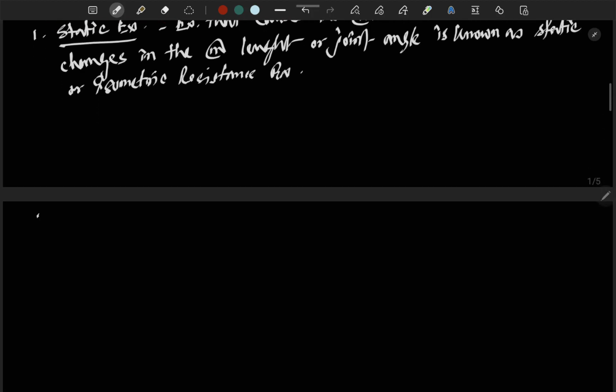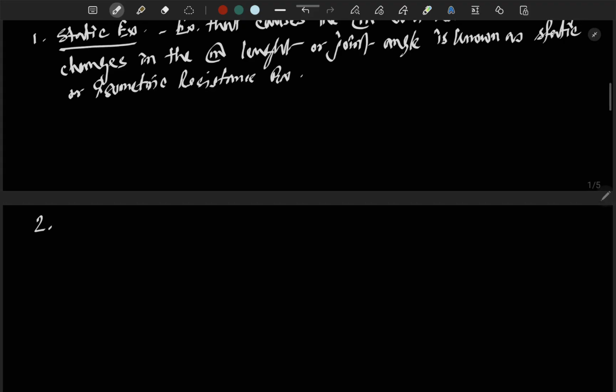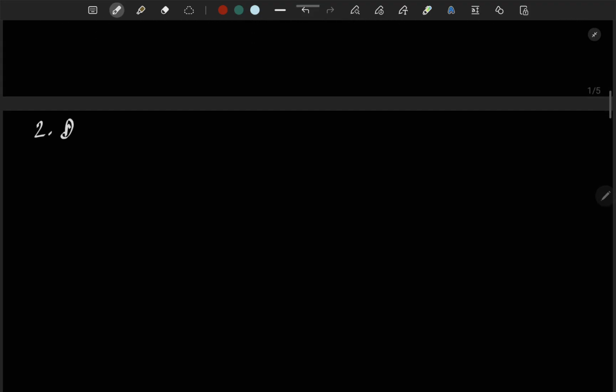Number 2, dynamic resistance exercise. What is this exercise?